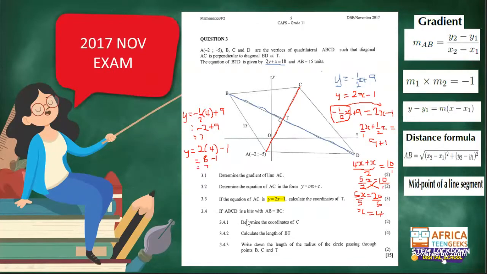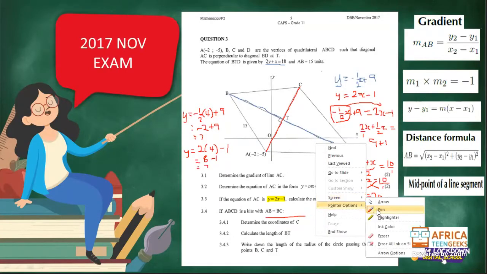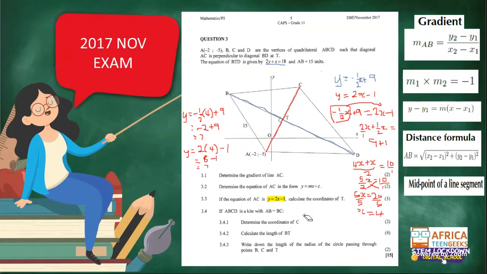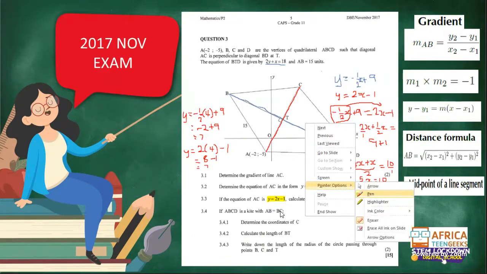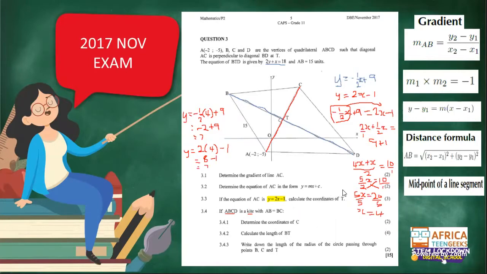So in 1.4, they're saying if ABCD is a kite, so it means you need to know your properties of a kite. So your ABCD is a kite. Okay, so you need to know the properties of a kite.